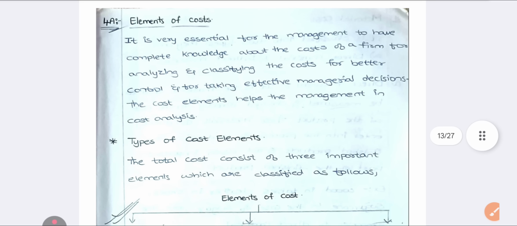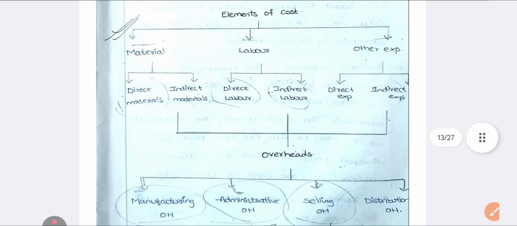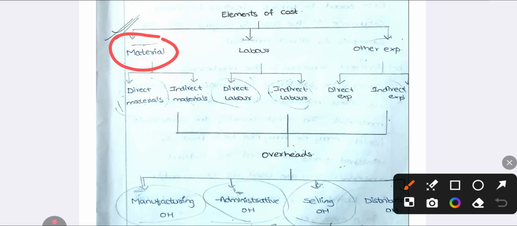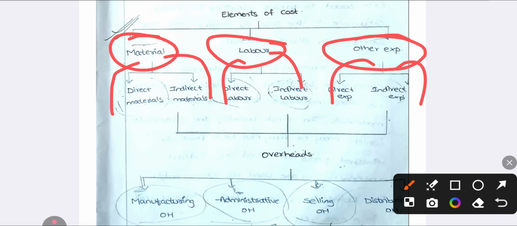And the last answer you need to understand is the elements of cost. Elements of cost are of 3 types: materials, labor and other expenses. Under these you have direct materials, indirect materials, direct labor, indirect labor, direct expenses and indirect expenses.